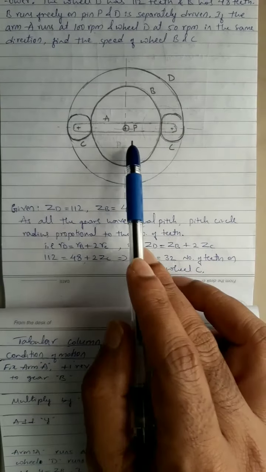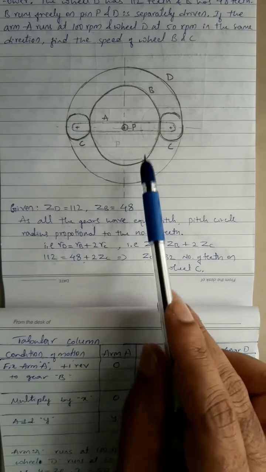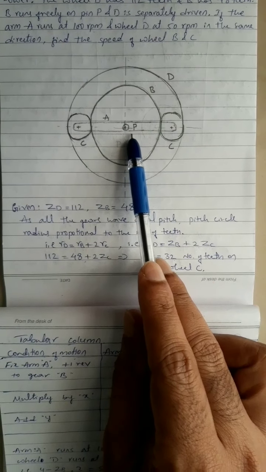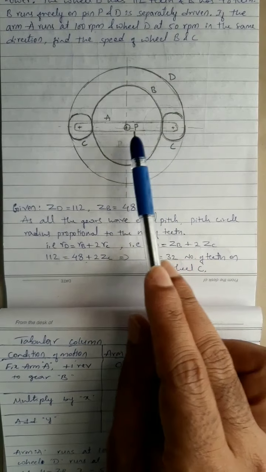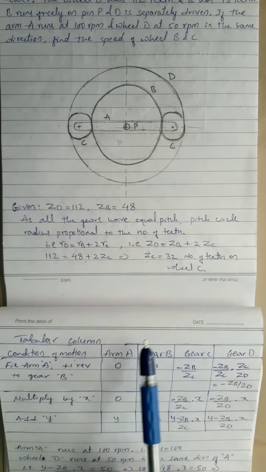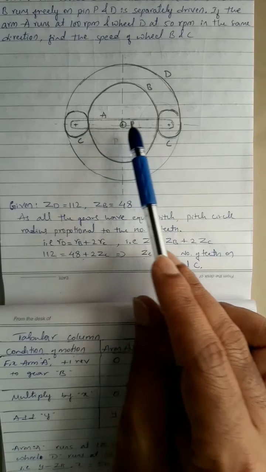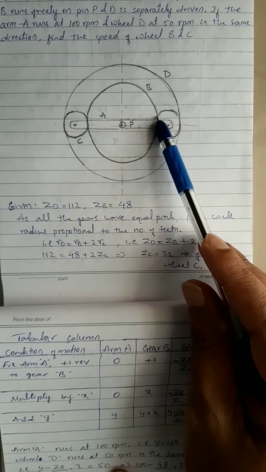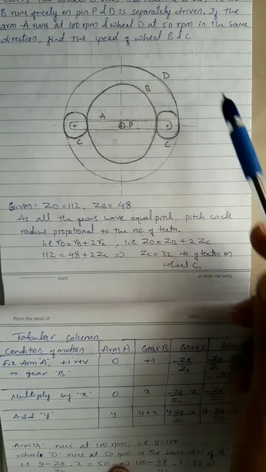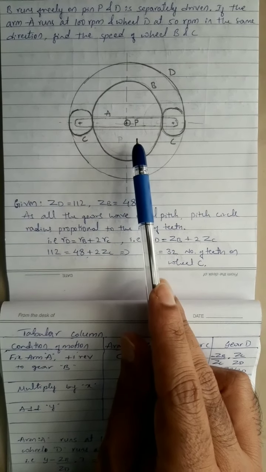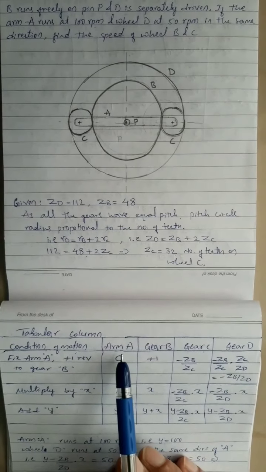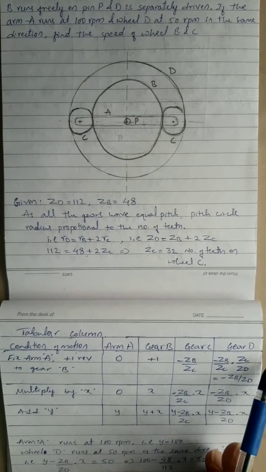So we always write this tabular column from the center to away from the center. So starting from the center, arm A, next wheel B, next wheel C, next wheel D. So we start with the center and we move away from the center in the tabular column method.